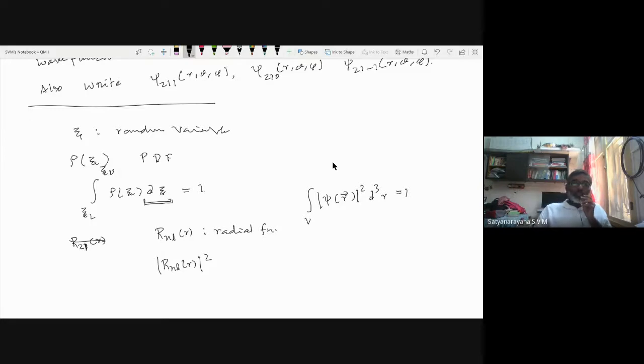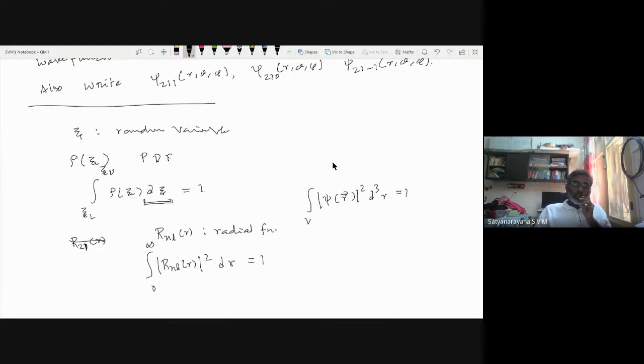So we are trying to relate the normalization of the radial wave function to the probability concept. If this were a probability, then I should simply have this equal to 1, but that is not true.